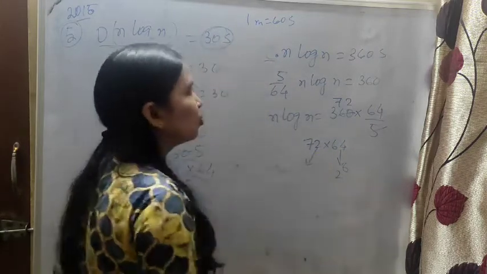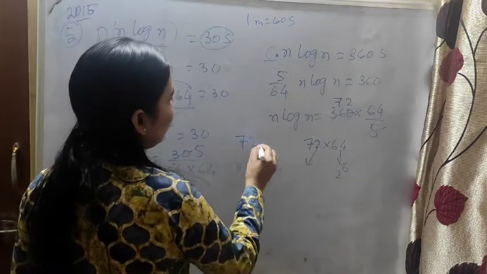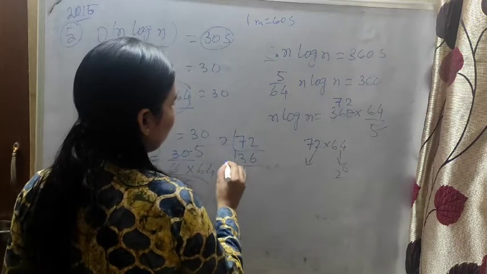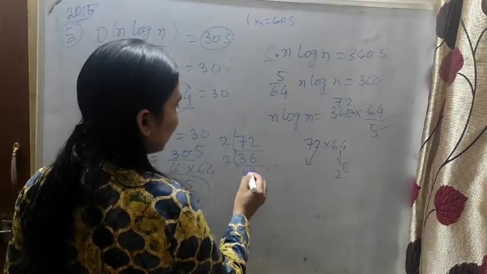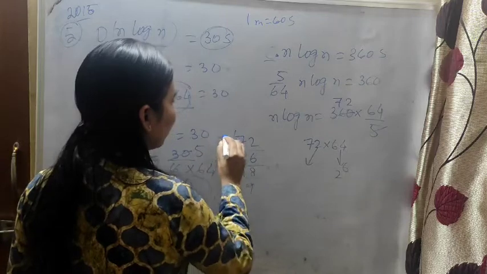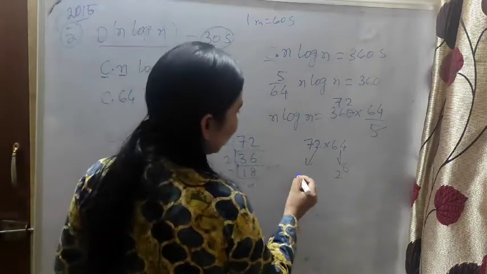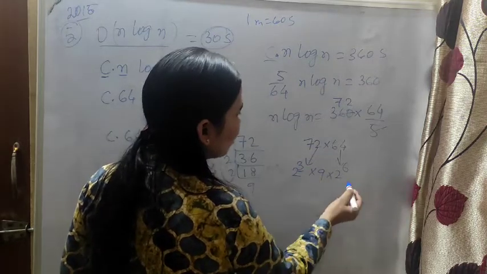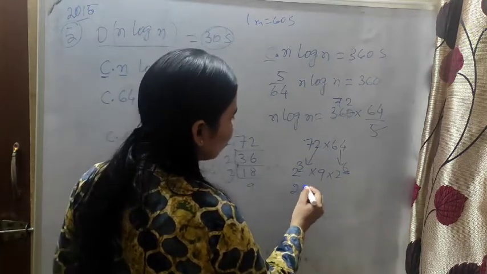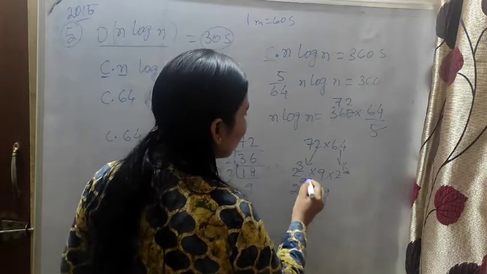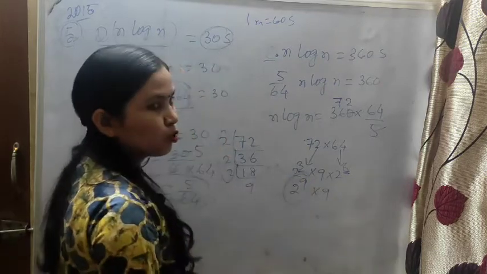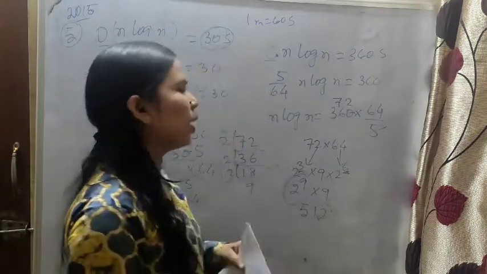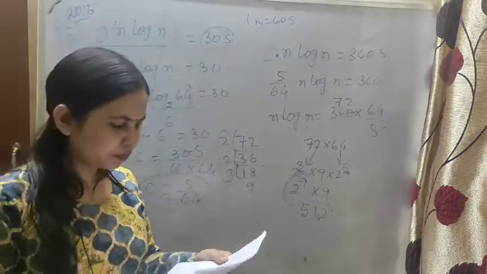Now if you break 72 into powers of 2, 72 is 8 into 9, which is 2 to the power 3 into 9. Add 2 to the power 3 and 2 to the power 6, and you get 2 to the power 9 into 9. What is the maximum input size? 2 to the power 9, that is 512. The maximum input size is approximately 512.